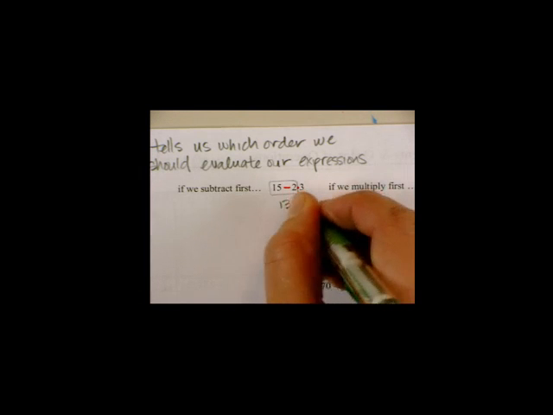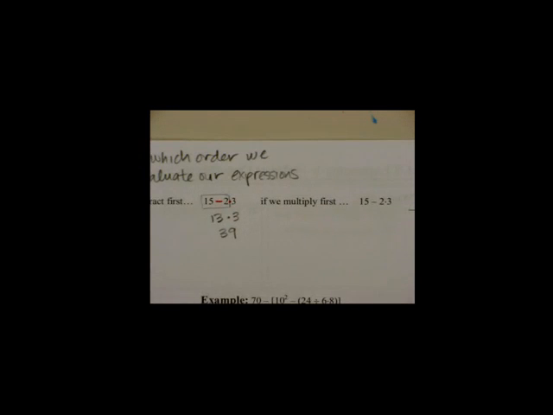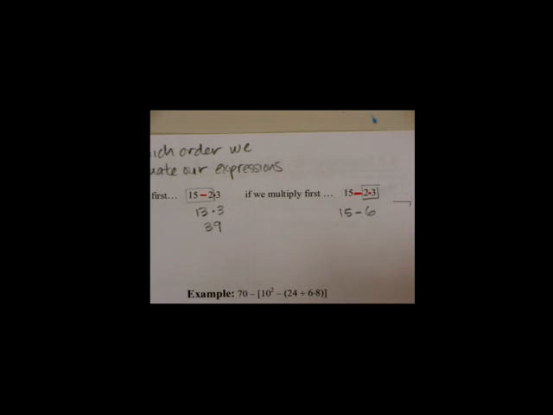And then I would multiply that by 3 to get 39. But if I multiply first, what I have is 15 minus whatever 2 times 3 is, 15 minus 6. And 15 minus 6 is positive 9.